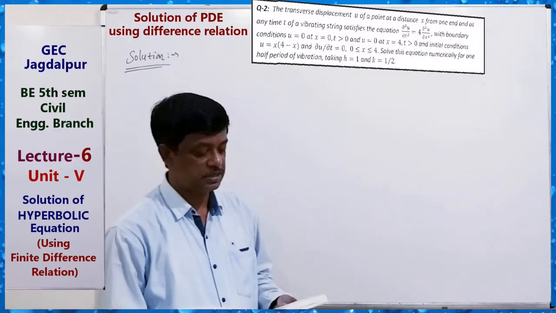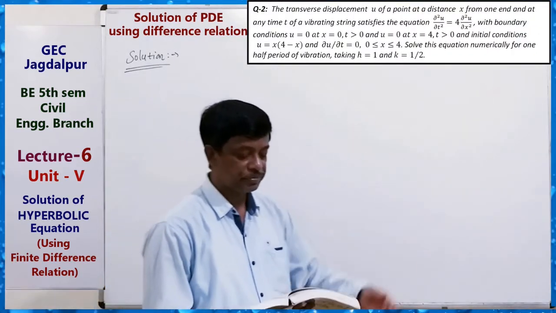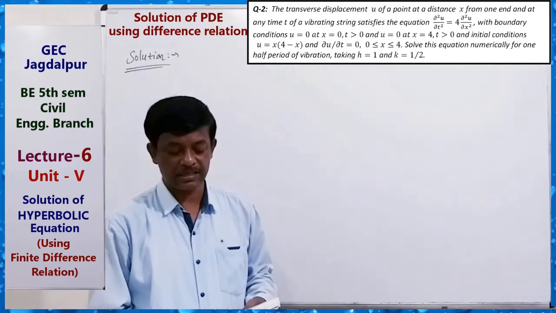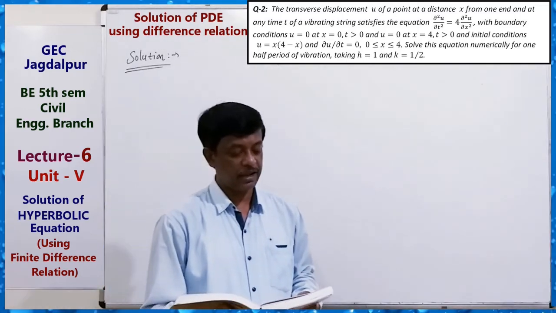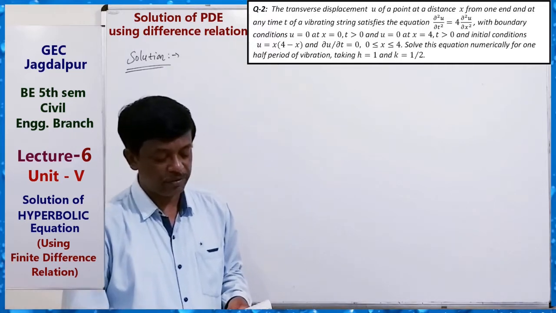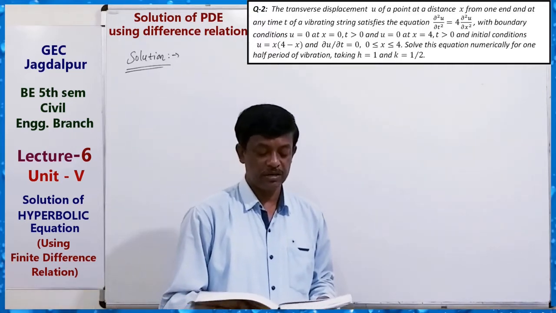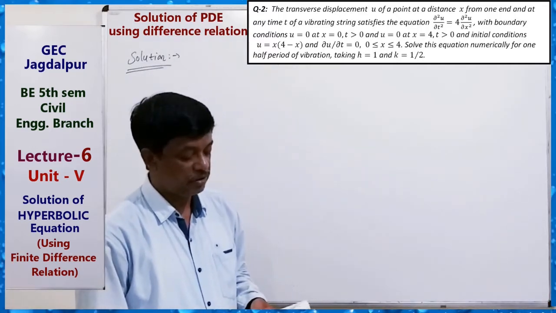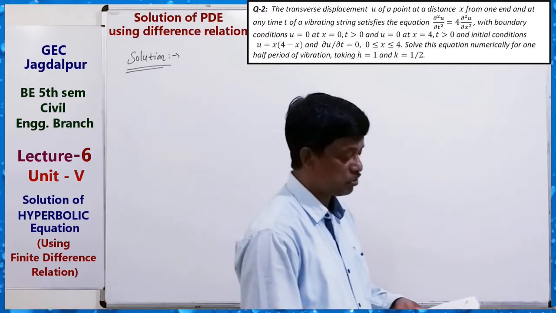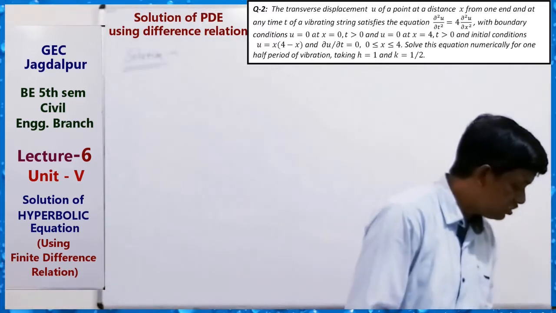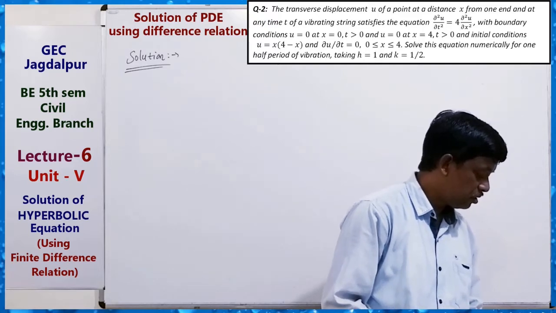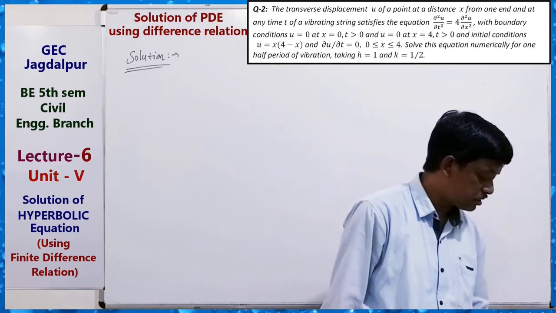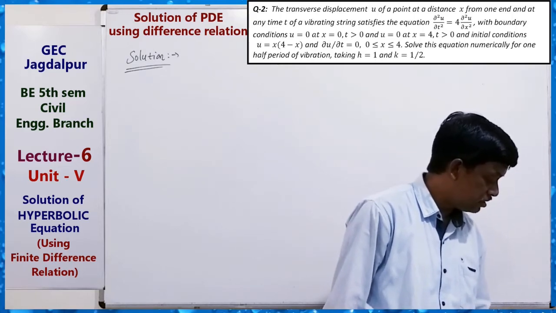The transverse displacement u of a point at a distance x from one end at any time t of a vibrating string satisfies the hyperbolic equation with 4 c², with boundary conditions u equals 0 at x equals to 0, t greater than 0, and u equals 0 at x equals to 4, t greater than 0, and initial conditions u equal to x(4 minus x) and del u by del t equals 0, just like this.